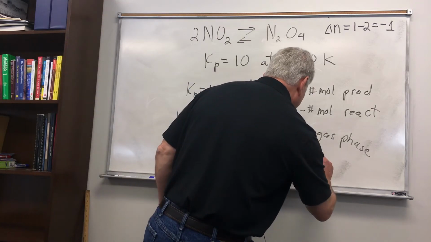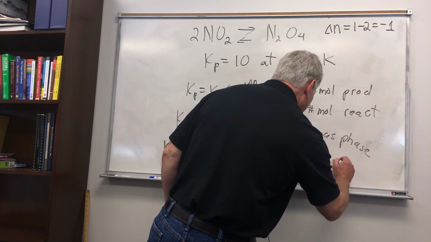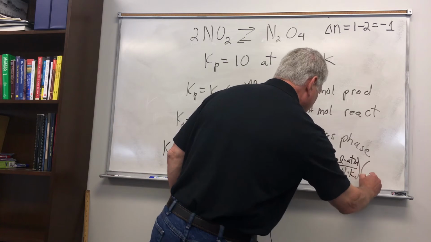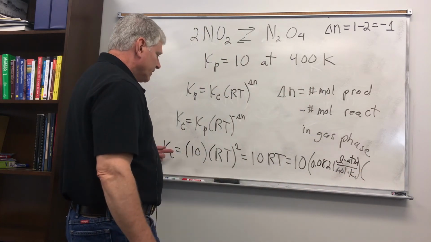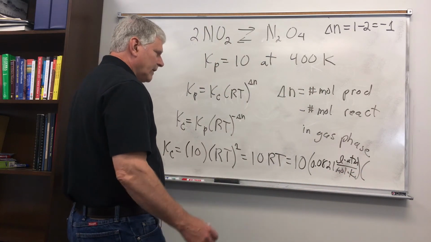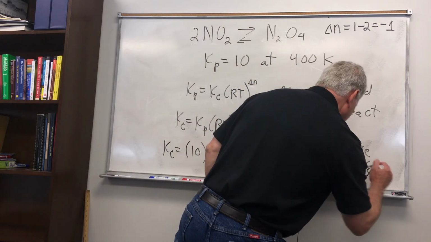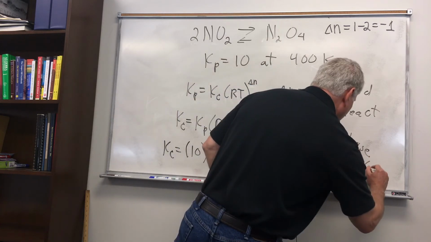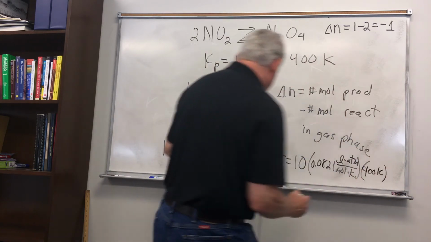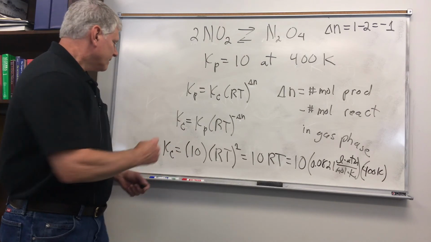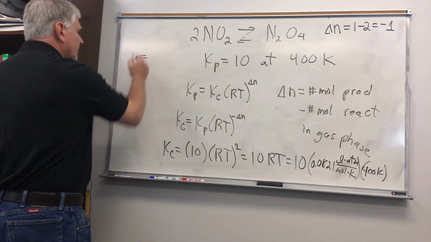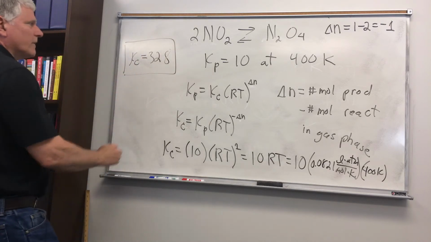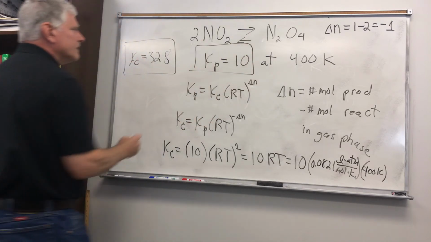So it's 0.0821 liter atmospheres per mole Kelvin. I really don't need to write the units because all the units are going to cancel anyway. My temperature is 400 Kelvin. So the value of Kc is 328 at 400 Kelvin, where Kp was 10.